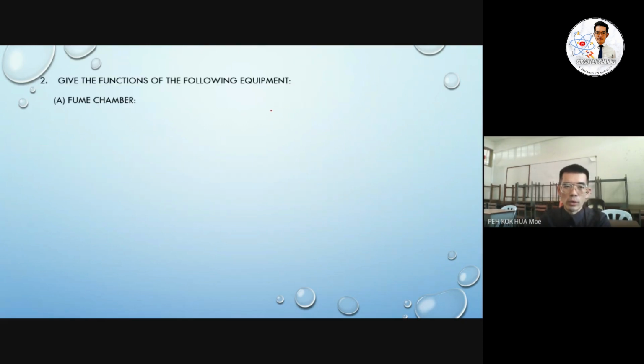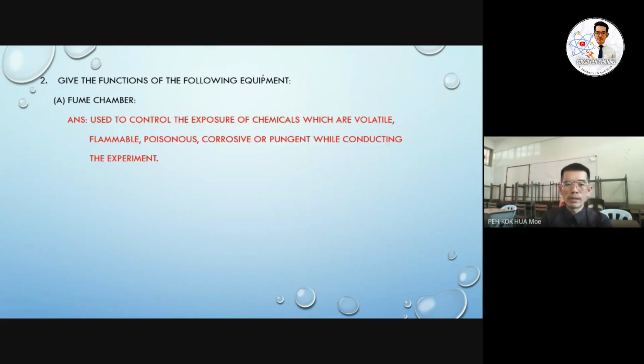Question number 2: give the function of the following equipment. The fume chamber is used to control exposure to chemicals which are volatile, flammable, poisonous, corrosive, or pungent while conducting an experiment. I just take the answer from the previous slide. How about the safety shower?